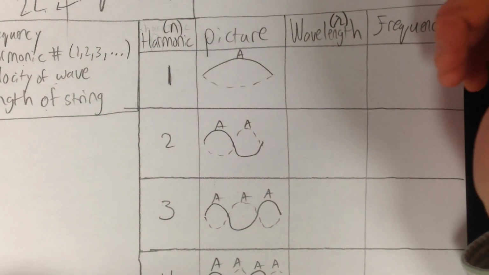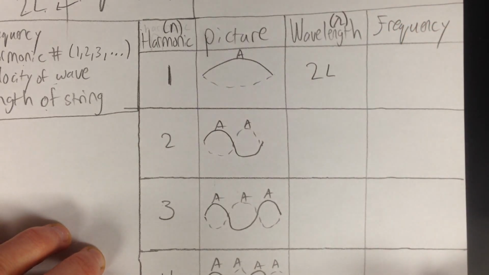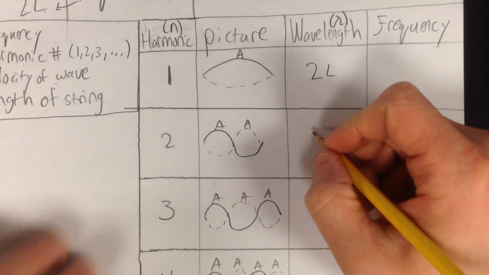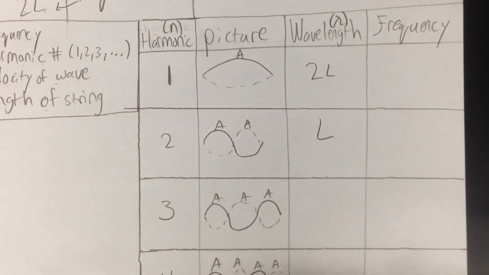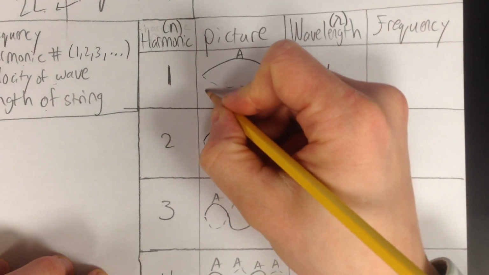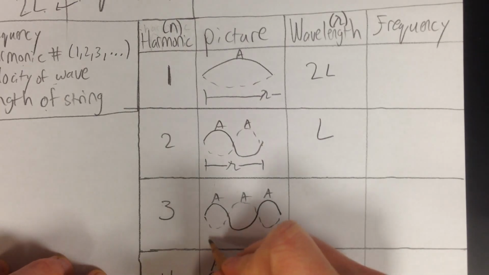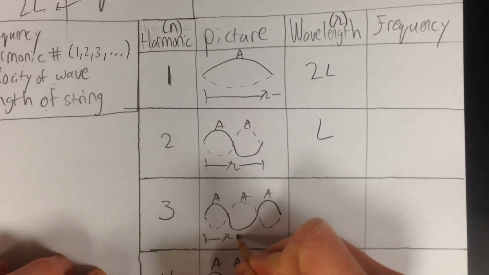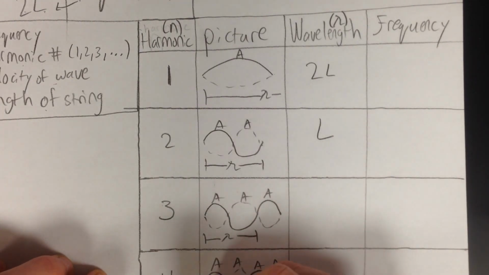So the wavelength, right? Here it would be twice the length of the string. And from before, this would just be L. Wavelength is 2 antinodes. So here, wavelength just kind of continues. Here the wavelength is 2/3 of that string, 2 antinodes.